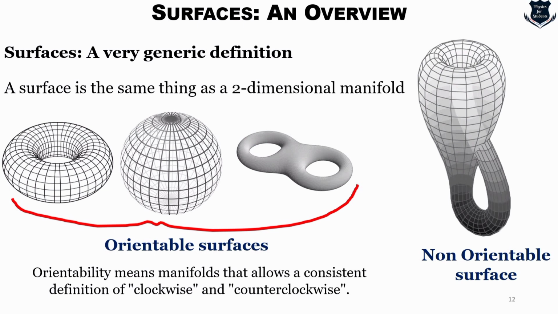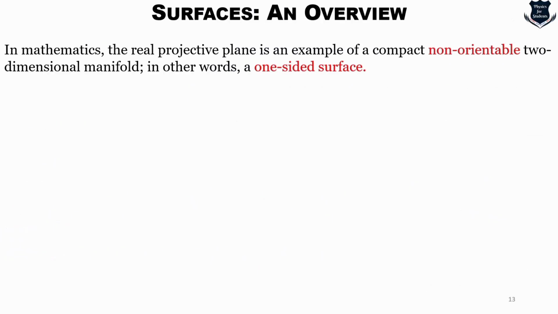So what becomes clear is that by attaching handles, just like we can think of torus, double torus, etc., we get orientable surfaces. But we have missed what is in some sense the simplest non-orientable surface.